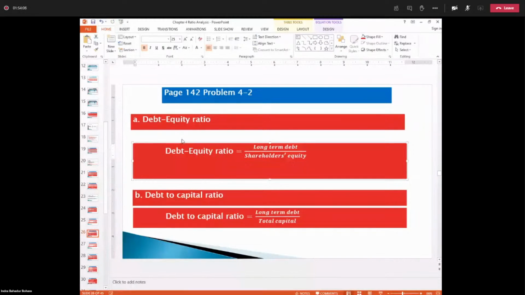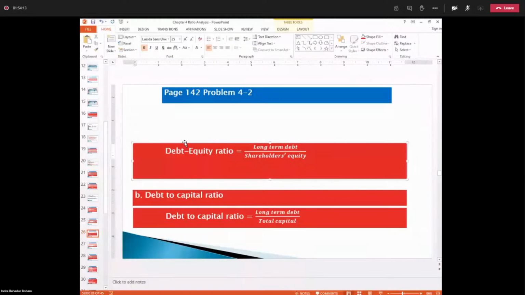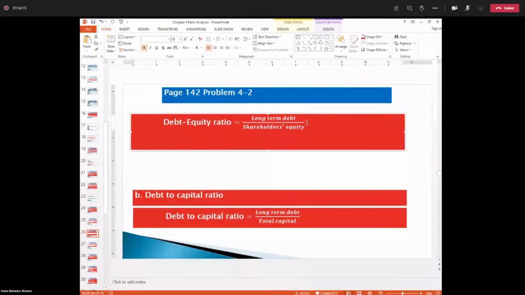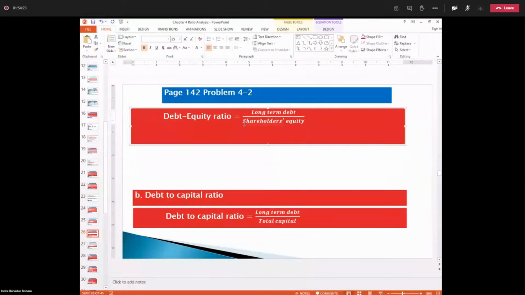Debt equity ratio is calculated as long-term debt divided by shareholders equity. First factor, long-term debt, and second factor, shareholders equity, in the denominator.